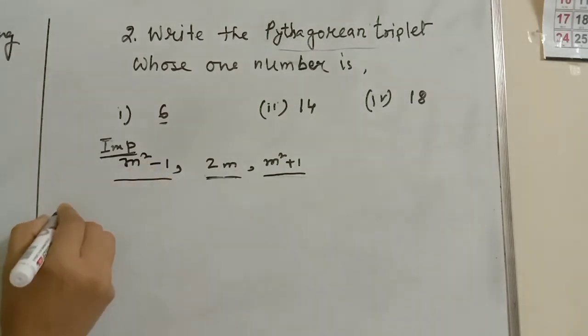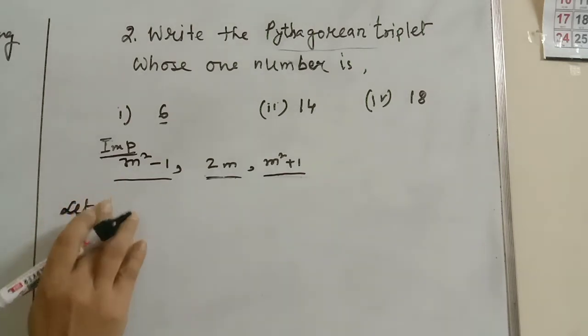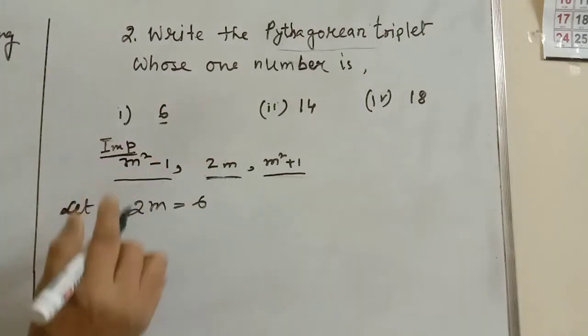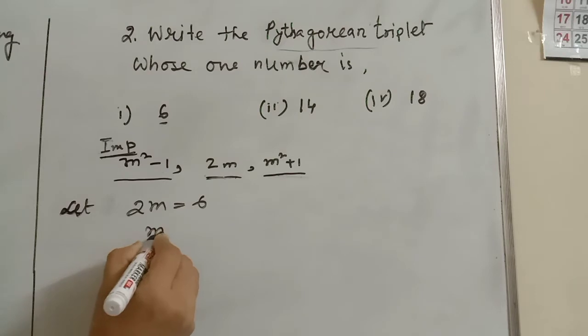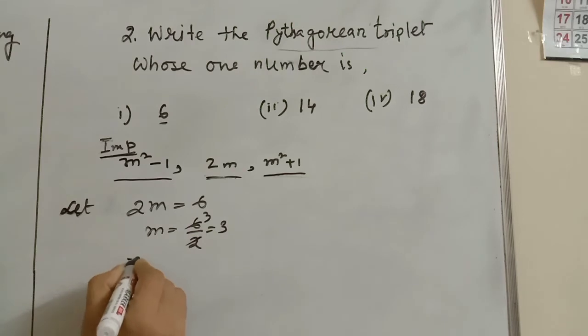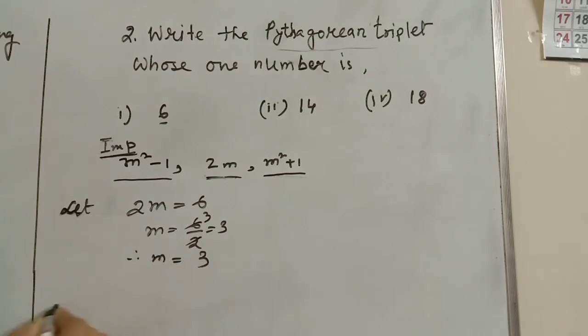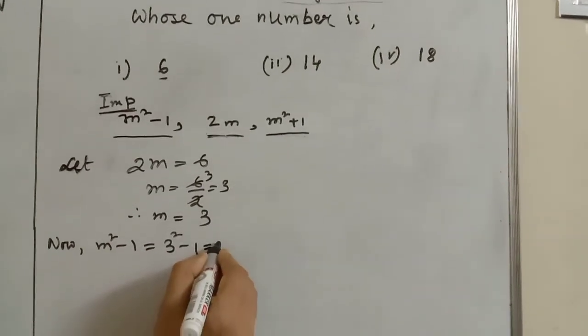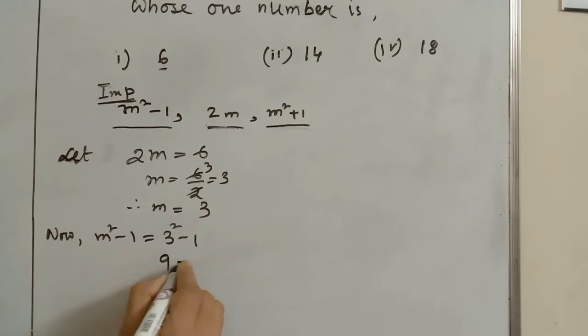So let 2m be equal to 6. I am taking this one as 6, then m is equal to 6 by 2, and you can cancel it by 3, it is 3. Therefore our value of m becomes 3. Now m square minus 1, that is 3 square minus 1, that is 9 minus 1, 8.